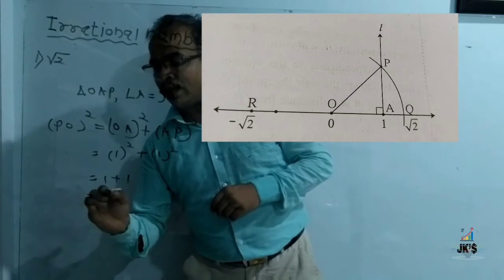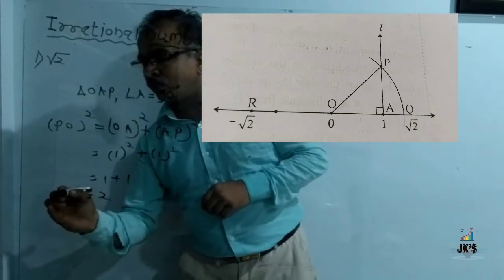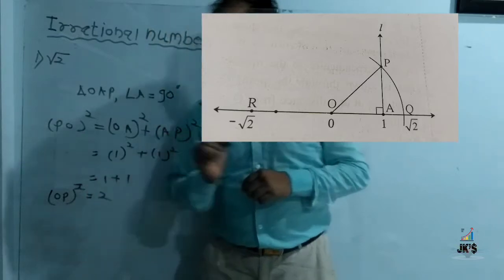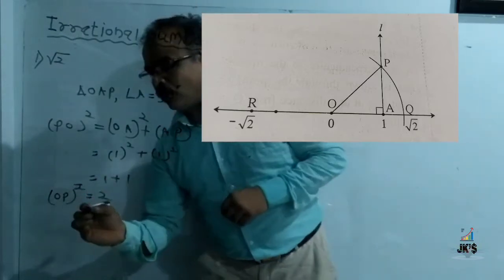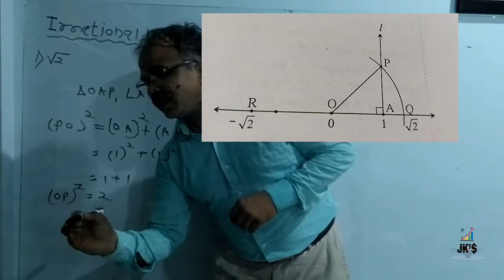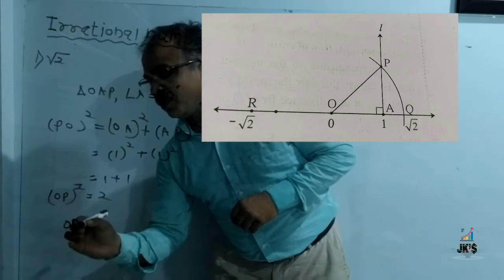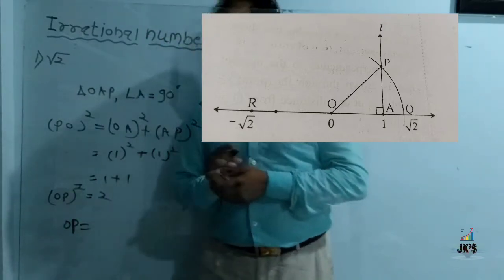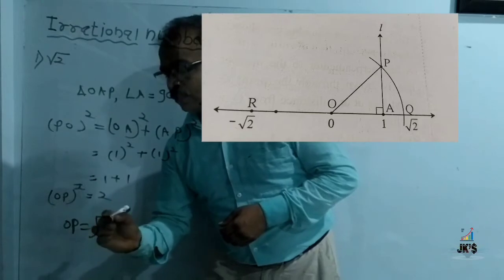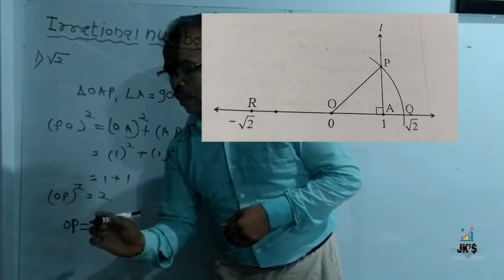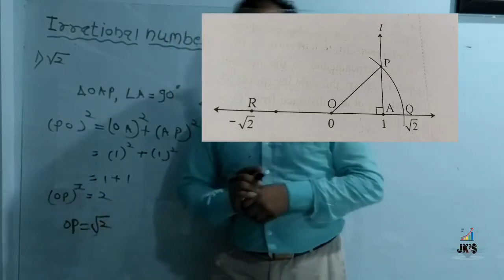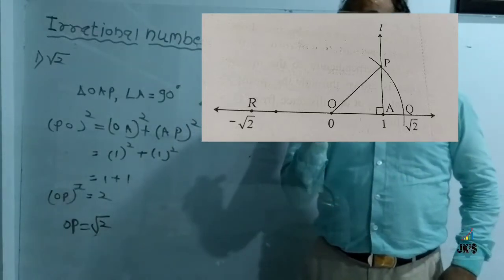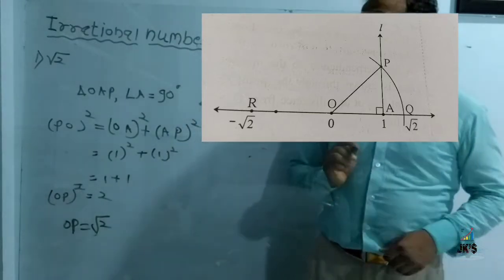So OP square equals 2. By taking the square root, OP square becomes OP and the square root of 2 is under root 2. Hence, this distance OP is root 2.